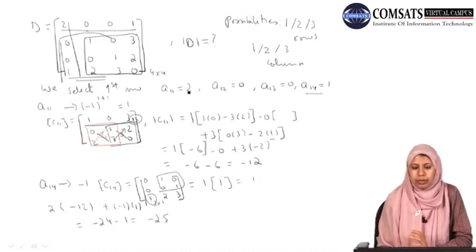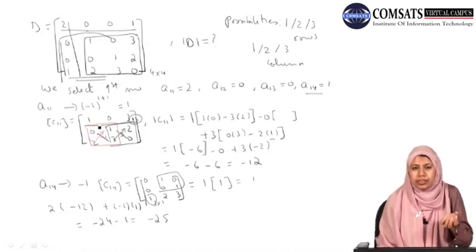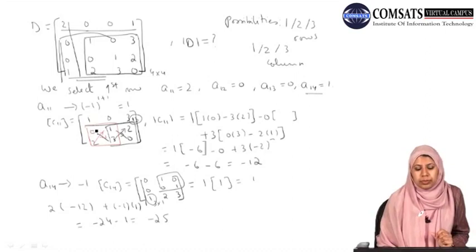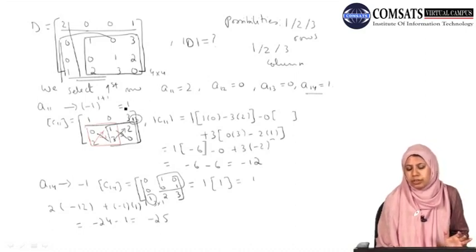For the entry A11 we obtained a submatrix of order 3 by 3, and we have to find its determinant. This is a matrix in its own right, so we consider these entries with a new index: 1 is the entry with position 1 1, 0 is the entry with position 1 2, and so on.